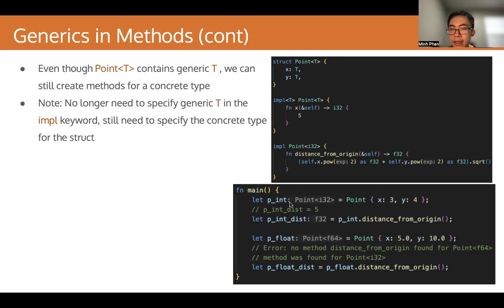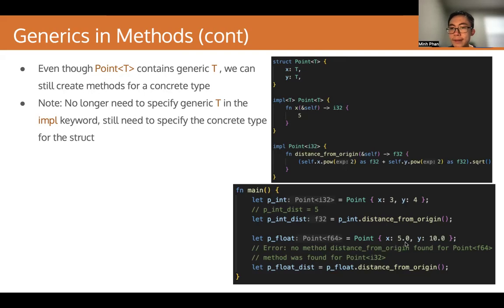And in the example below, we have two points, an integer point and a float point. For the integer point, we give the members the values 3 and 4, and then we calculate the distance from origin. This distance will be 5. And then we have a float point, variable p_float here, that is of the type Point where members are floats.